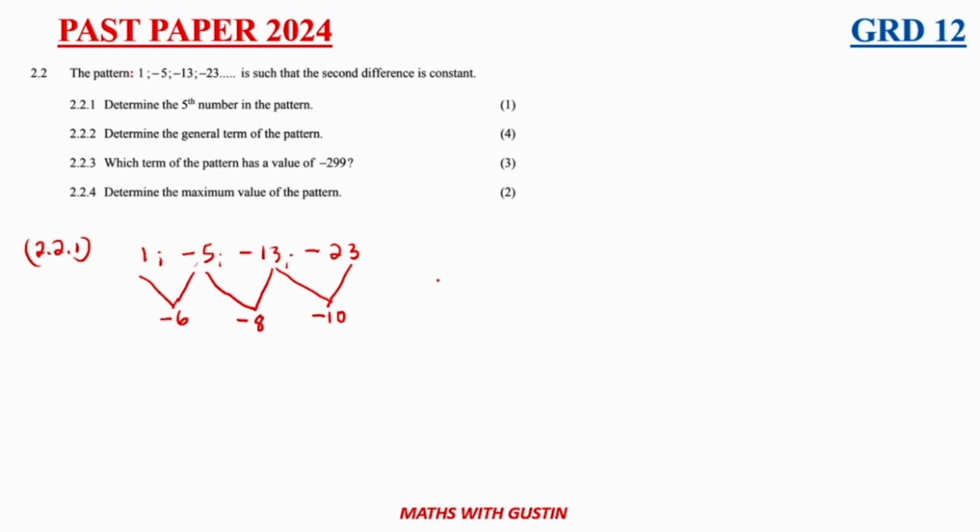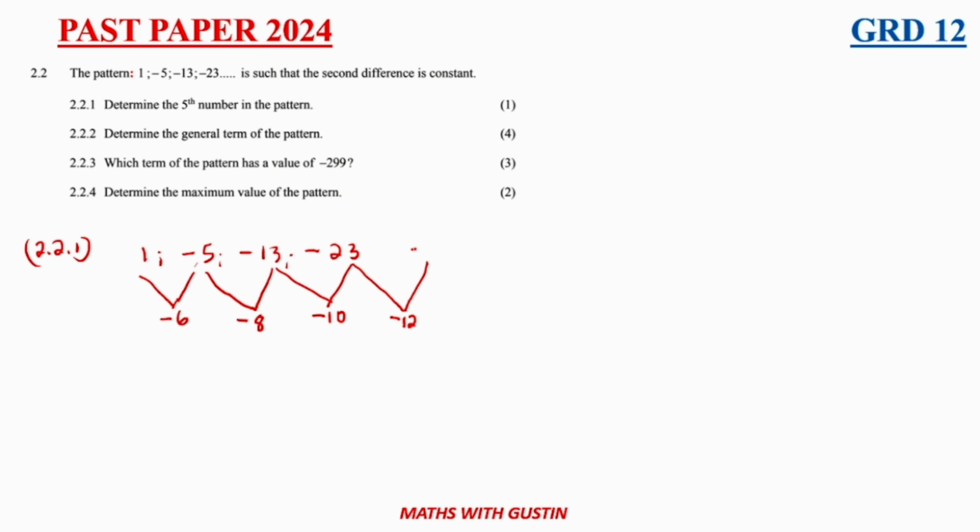So therefore, we need something here in order to get that number there. So now we just need to add negative 12 there, because these differences are decreasing by 2.